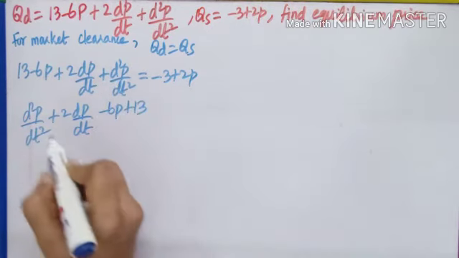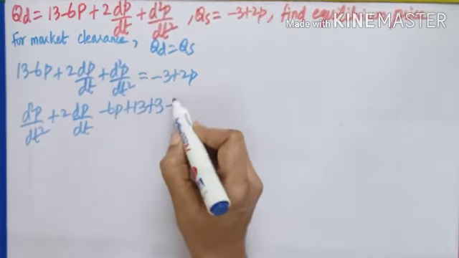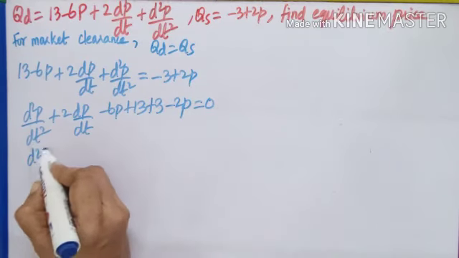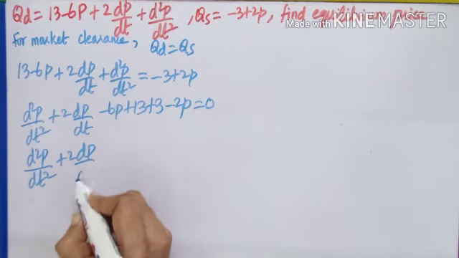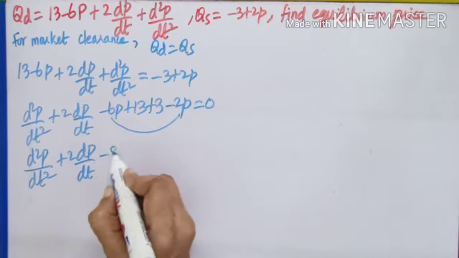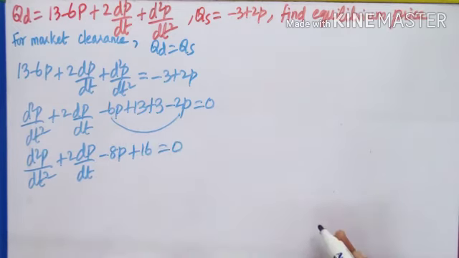I have just reversed: −3 goes as +3, and +2p goes as −2p, which is equal to 0. So we get d²p/dt² + 2 dp/dt − 6p − 2p is −8p, + 16 equal to 0.